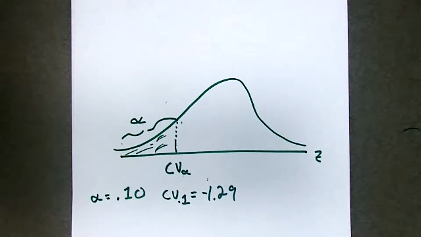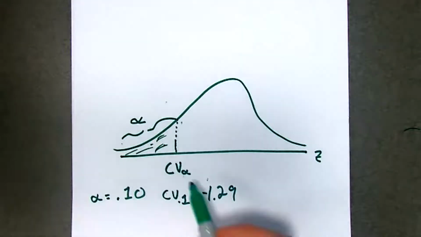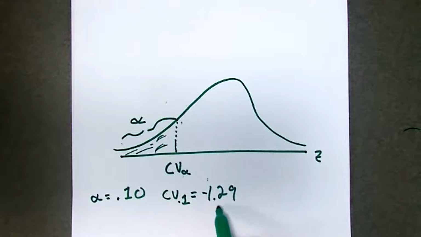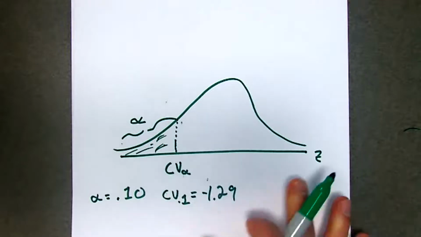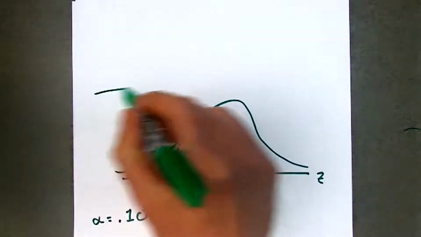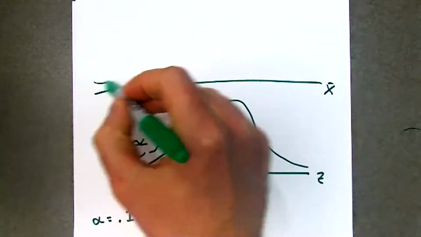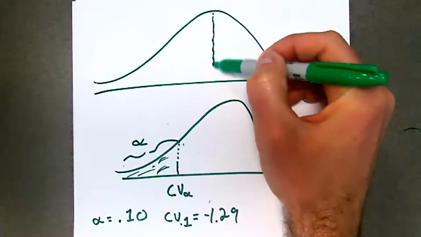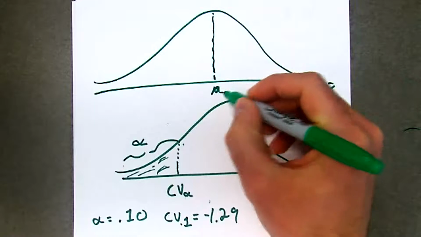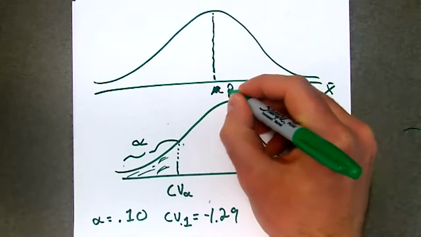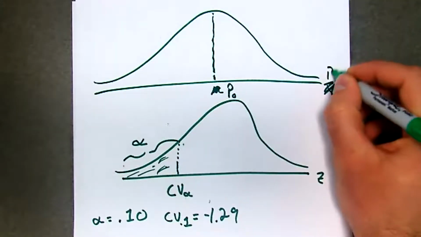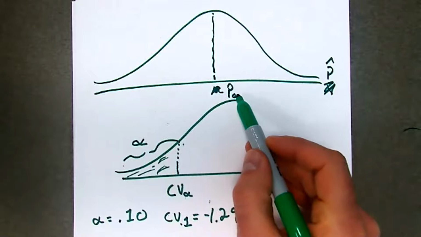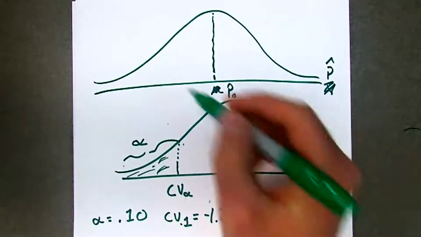But the broader idea with critical values is, if I see a test statistic that's negative 1.29 standard deviations, we can map these back out to the distribution of our sample proportions, because we're talking about proportions now. They'd be distributed around that assumed true proportion.